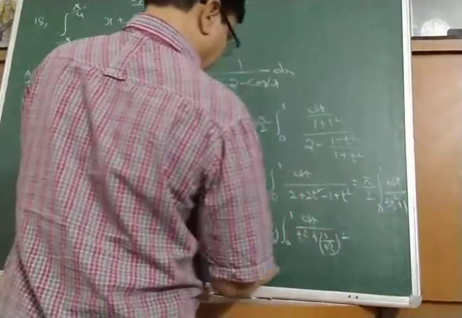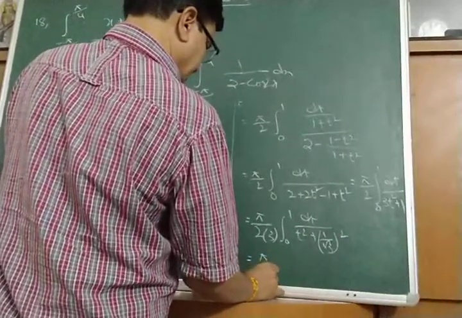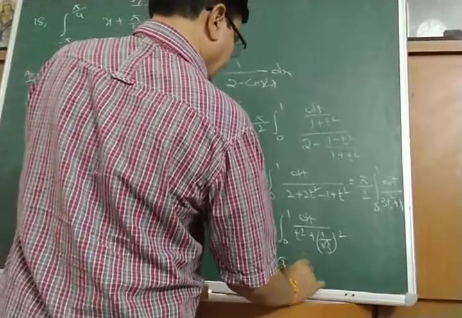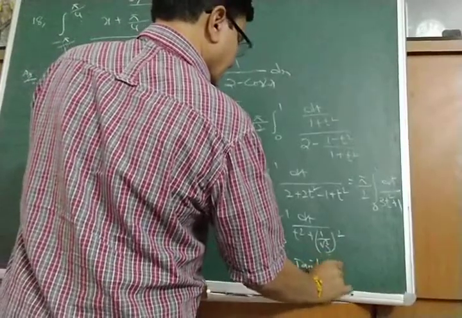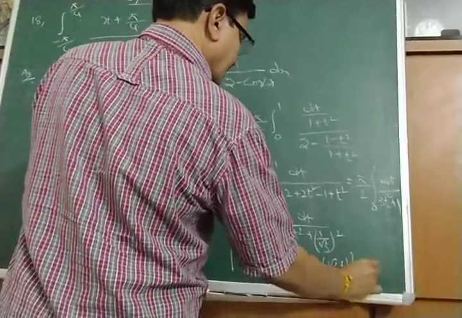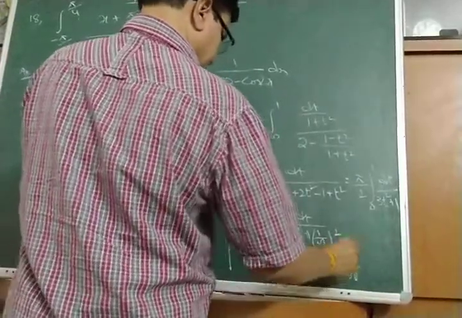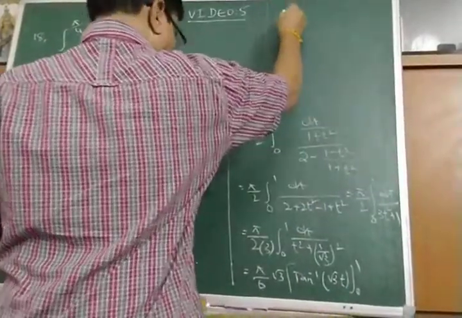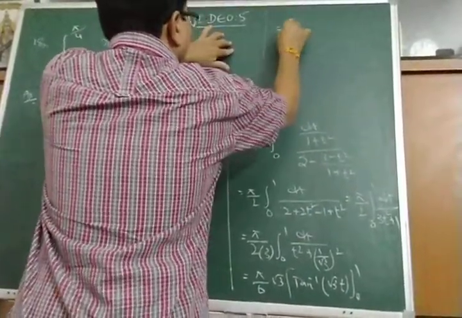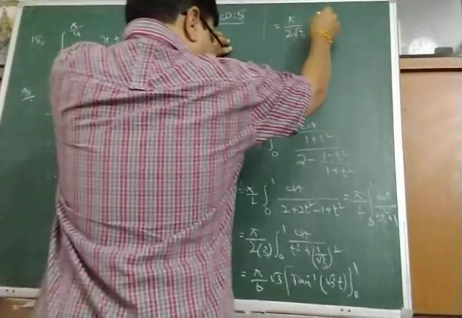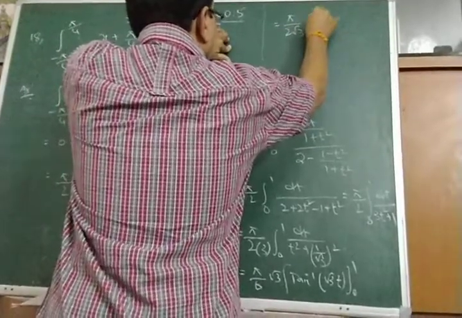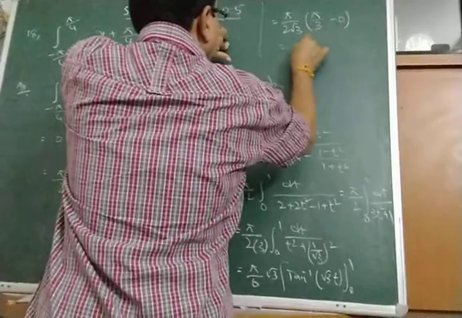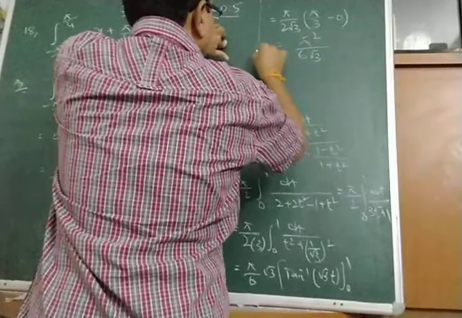So that is equal to pi by 6 into root 3 tan inverse root 3t from 0 to 1, pi by 2 root 3 into tan inverse root 3, which means pi by 3 minus 0, that is pi square by 6 root 3 is the answer.